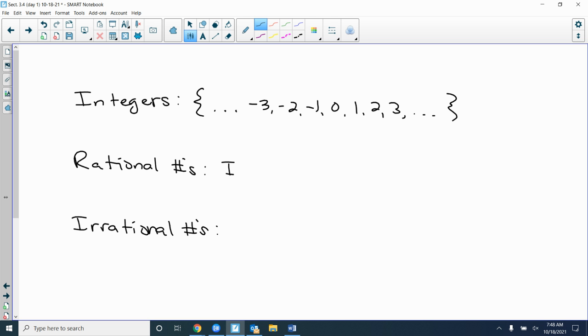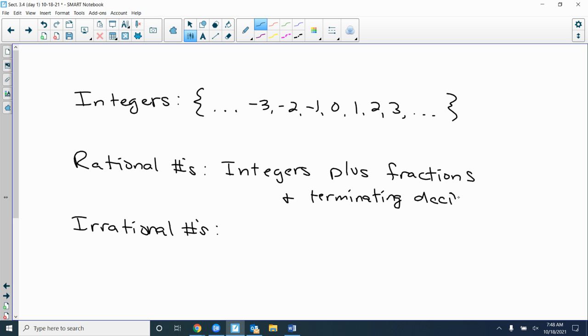So an integer, -3, is also a rational number. Integers plus fractions and terminating decimals. And these are kind of informal, not the exact math definitions, but just enough to give you an idea.